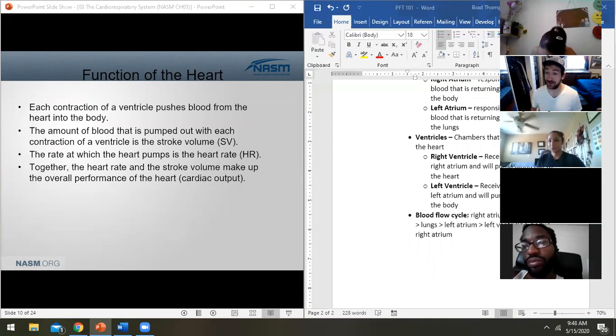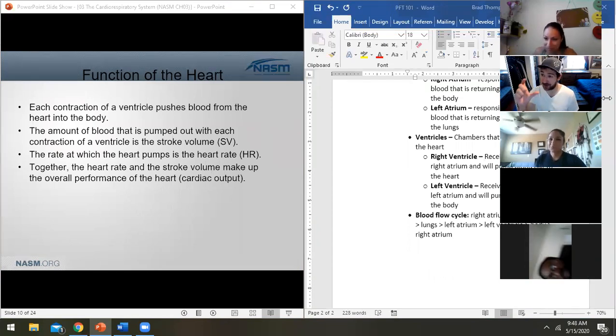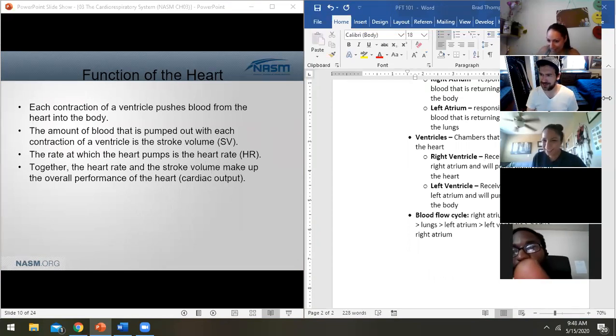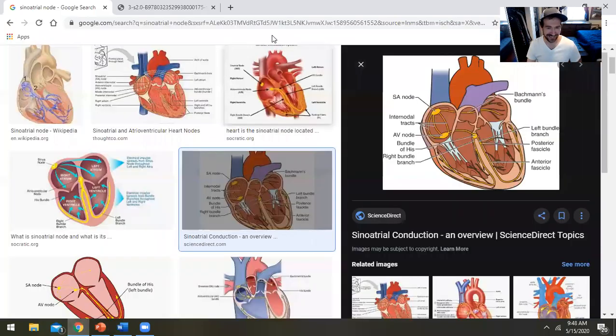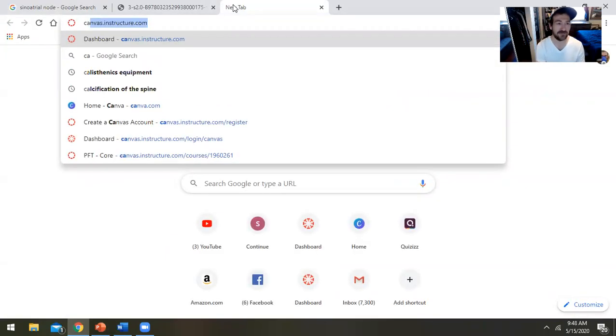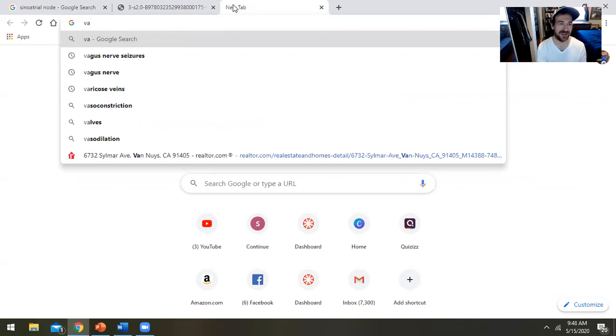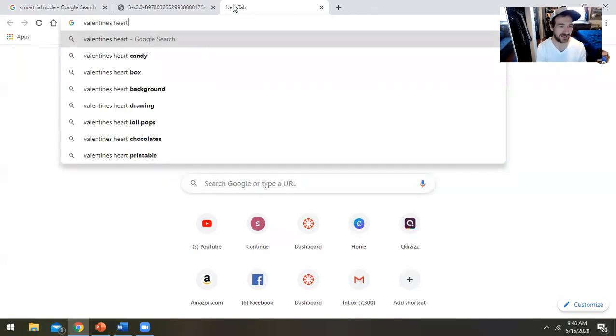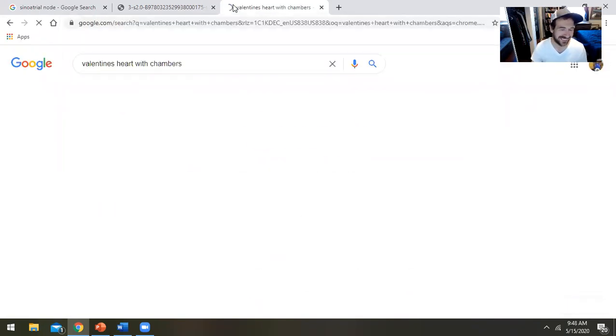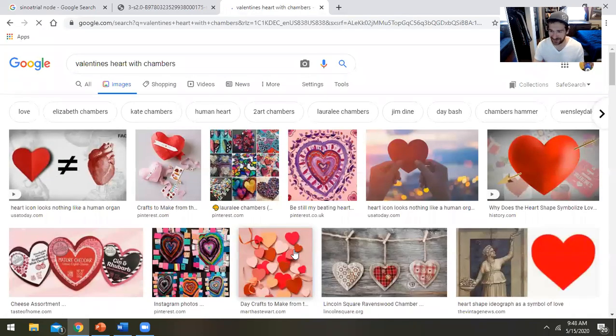But I can draw Valentine's Day hearts and then put chambers in them, and it works. Let's look at this. I'm sure somebody else has done this. Valentine's heart with chambers. It's somewhat close.